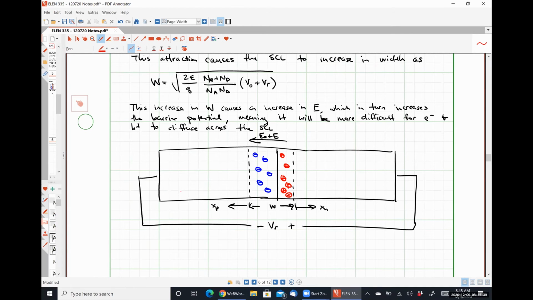So there's our electron concentration. Here's our hole concentration. So, all right.